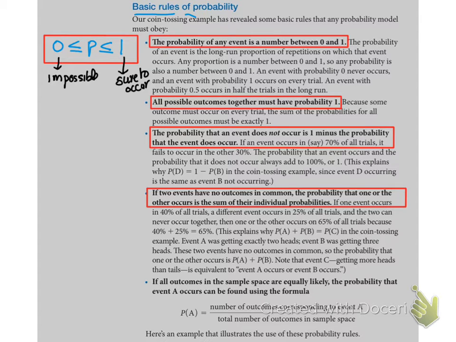The other rule, the second one, says all possible outcomes together must have probability 1.